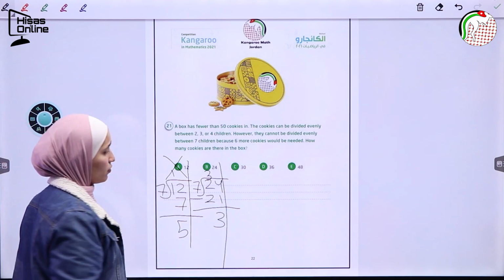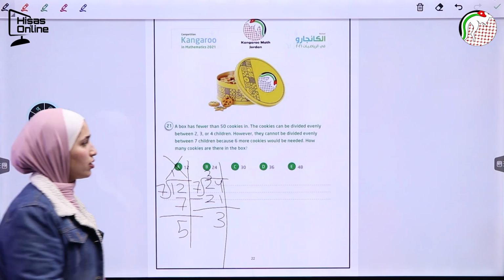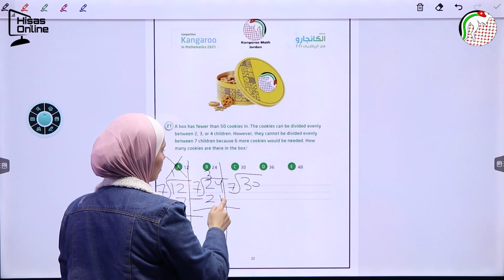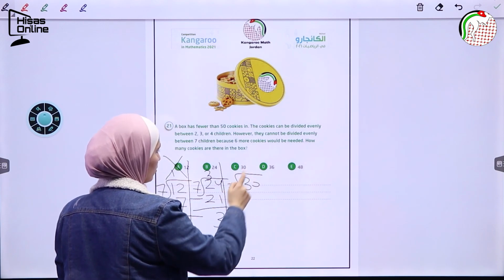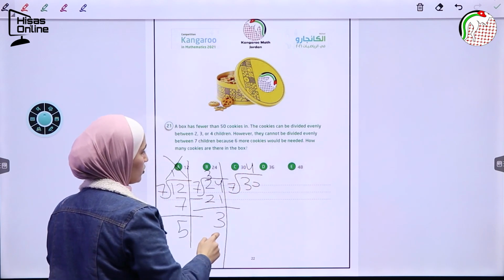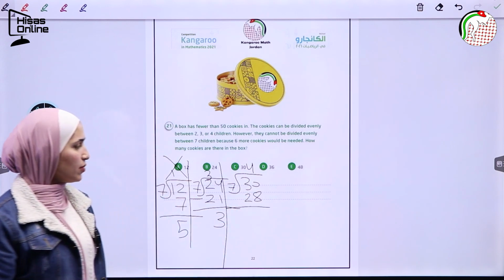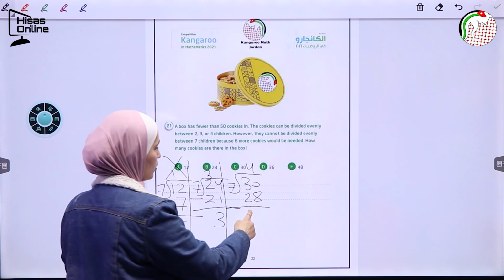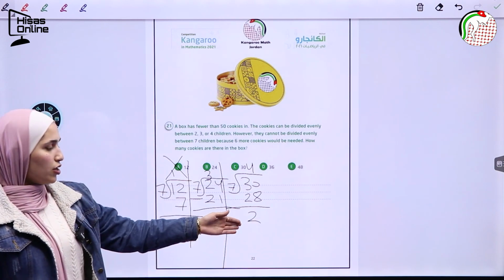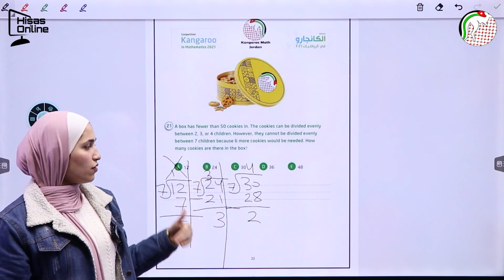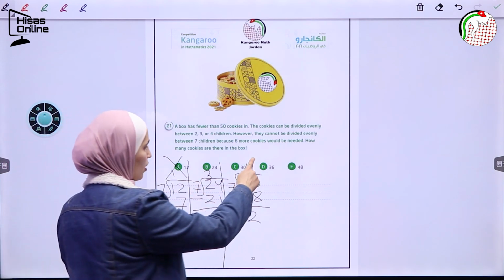The remainder is 3. So it's not the answer. Now, 30 divided by 7 equals 4. 4 times 7 equals 28. 30 minus 28 equals 2. So here you need how many cookies to be divisible by 7? You need 5 more cookies. So it's not the answer.